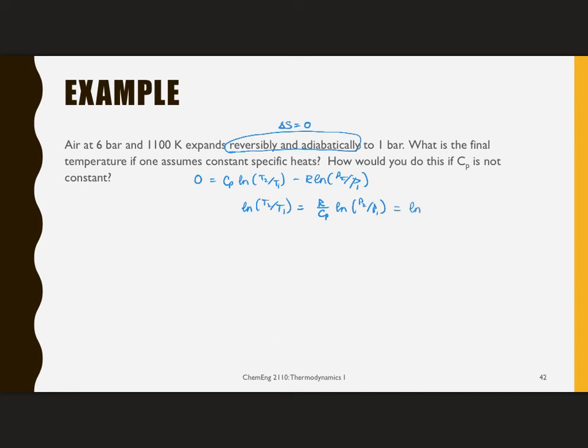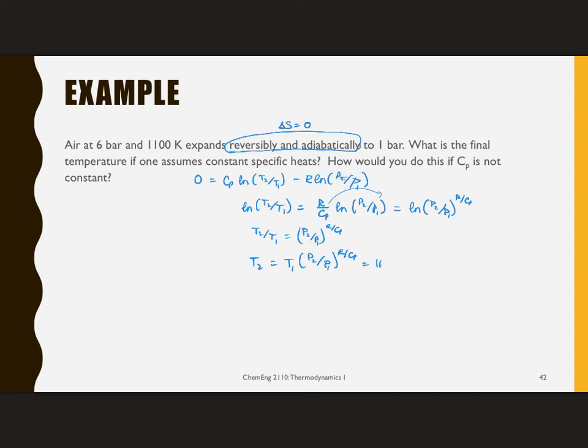And using laws of logs, I can bring that up as a power, right? And now I can take the exponential of both sides. I end up with T2 over T1 is equal to P2 over P1 to the R over C sub P power, or T2 is T1 times P2 over P1 to the R over C sub P power.